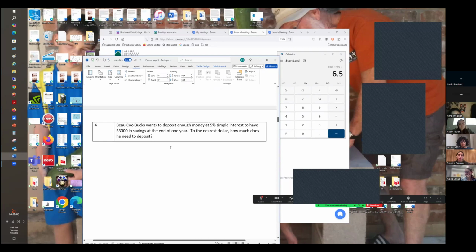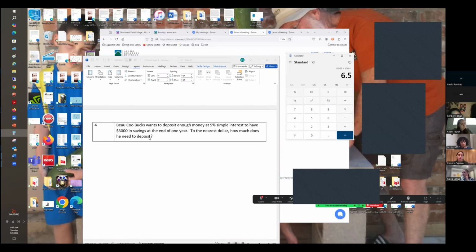Now, here's another tricky problem. He wants to have $3,000 in savings at the end. He's going to get that by putting in some money, a bunch of money, and he's going to get 5% simple interest, which means you leave it in for a year and you get 5% in addition to what you put in there. So here's what you don't do, but a lot of people do this anyway. They say 3,000 times 0.05, this is incorrect, by the way, is 150 bucks.